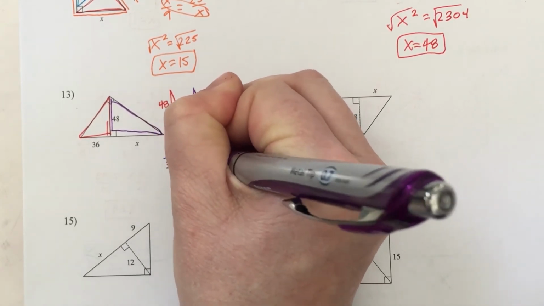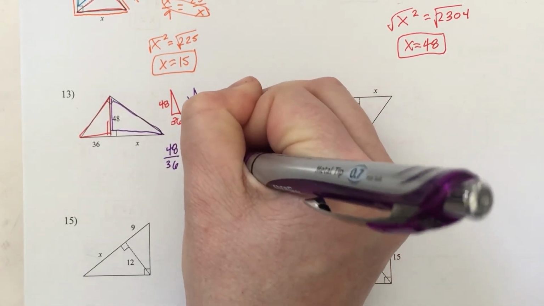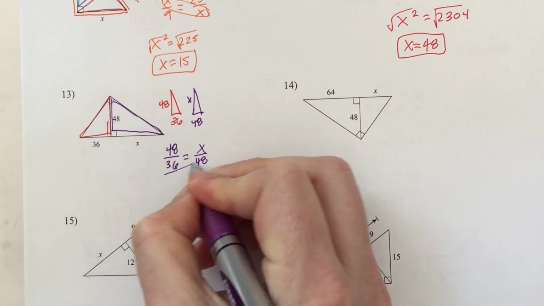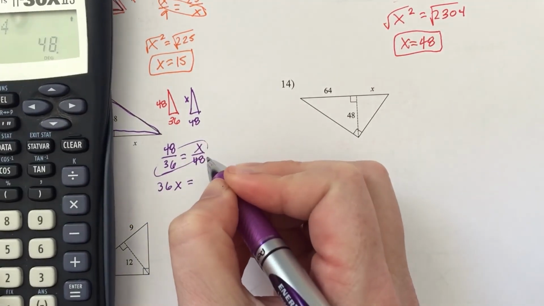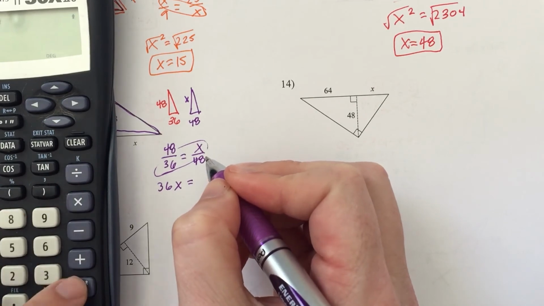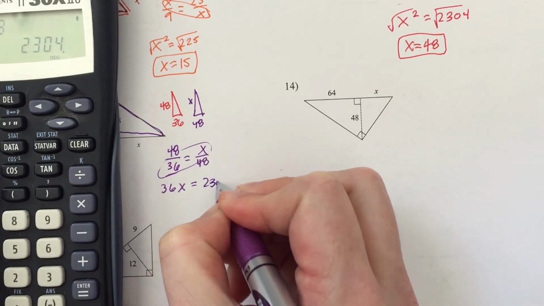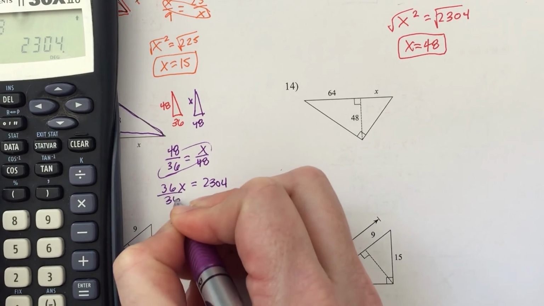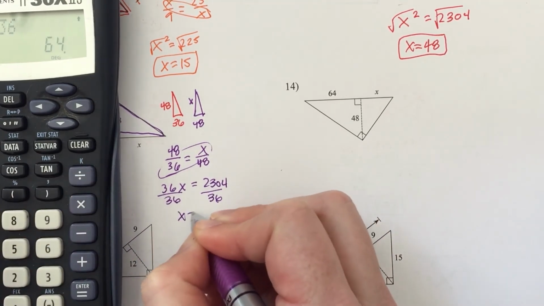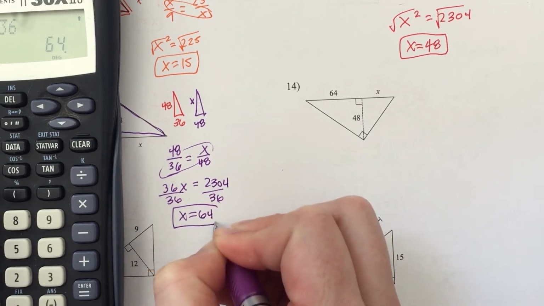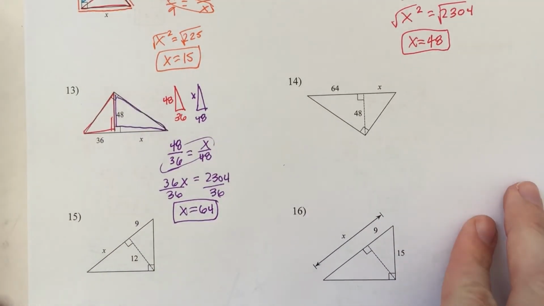If you get really good at this, you can start skipping the triangles. That would give me 36x equals 48 times 48. And then divide by 36 on this one. X equals 64. So you didn't have to square root.